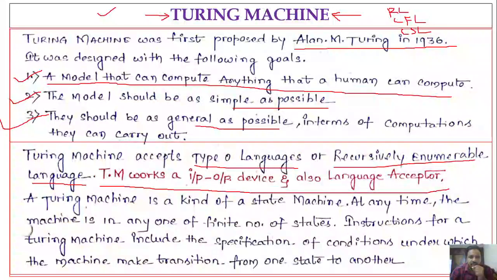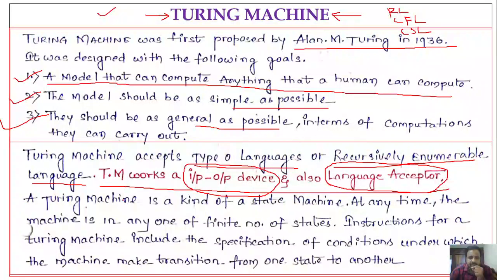So here the Turing machine will work as a IO device. IO device means it is something like a computational device or computational model. And next one is that it could also work as a language acceptor. Okay, so you may give a particular string, and it can come out with a decision whether it is accepted or not, right? So both the things that we can implement by using this Turing machine.